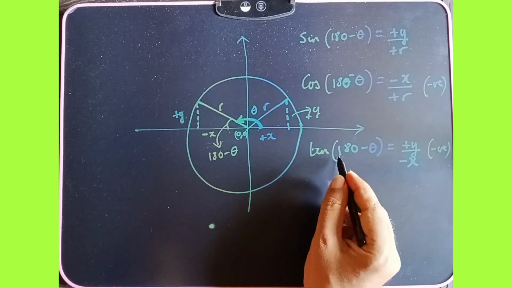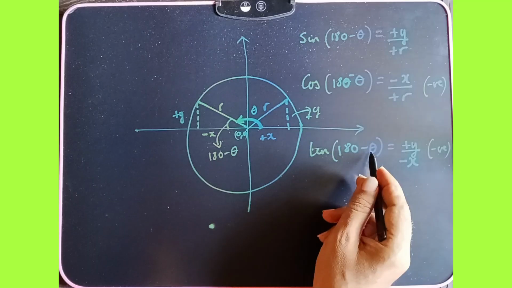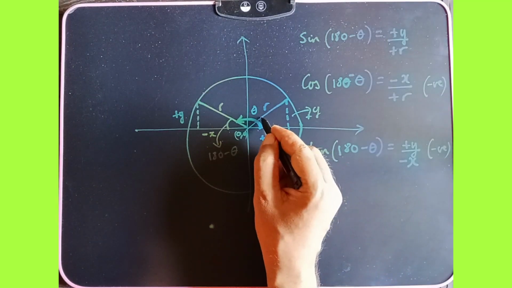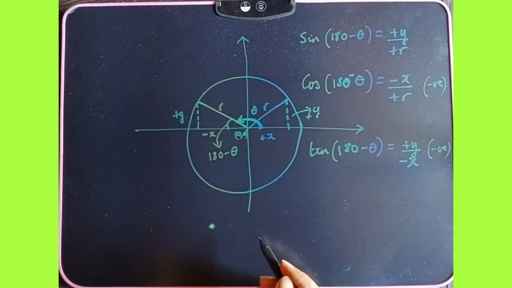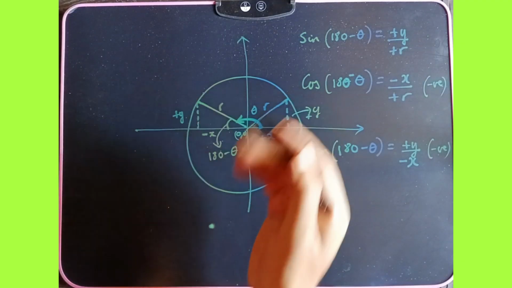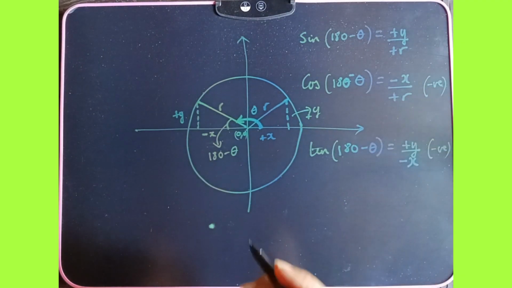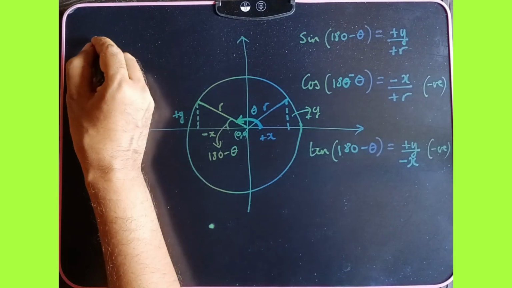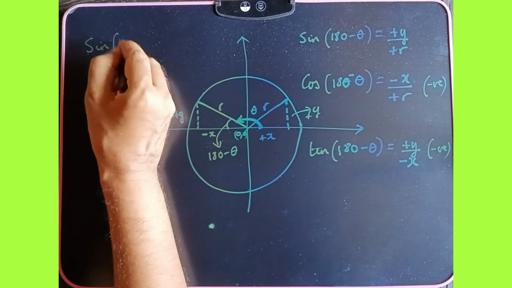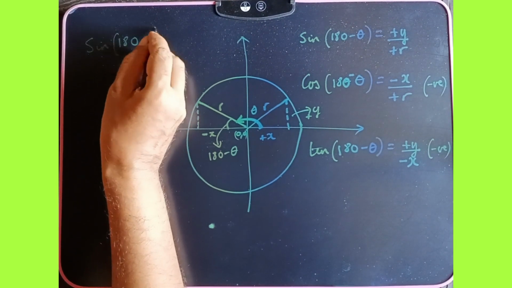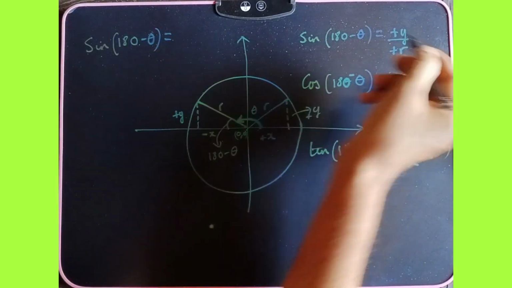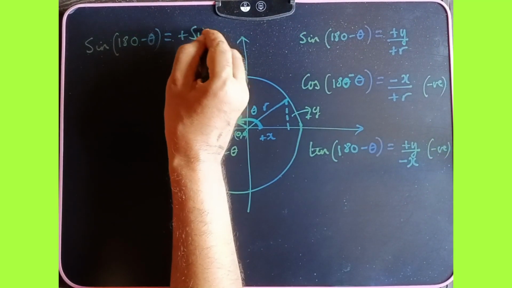So now we also know that 180 minus theta is nothing but the mirror image of the first quadrant, just that the sign has changed. So we can write now that sine of 180 minus theta is equal to positive sine theta.